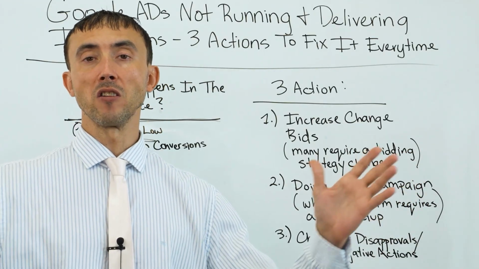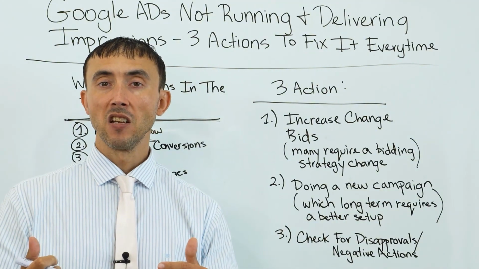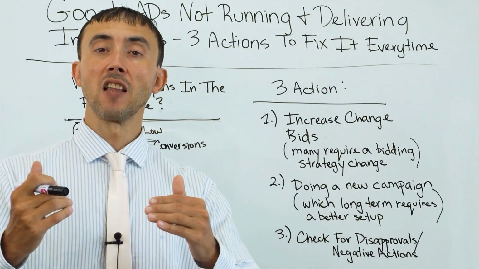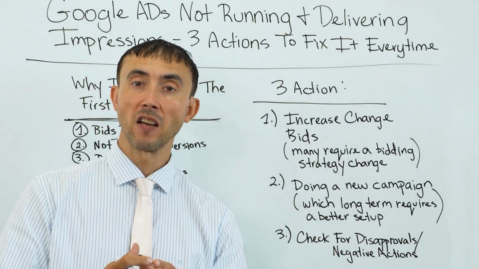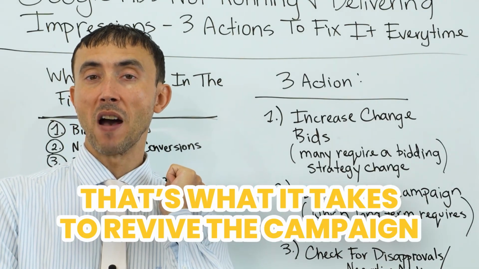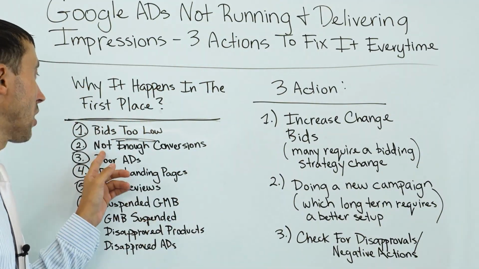If we lower the target CPA too fast to get a better cost per lead, and the client does that too fast, it can break the campaign, and simply raising it up again a lot of times won't get the impressions back. And then we have to go back to manual bidding because that's what it takes to revive the campaign, to get the impressions back. So that's the deal with that.